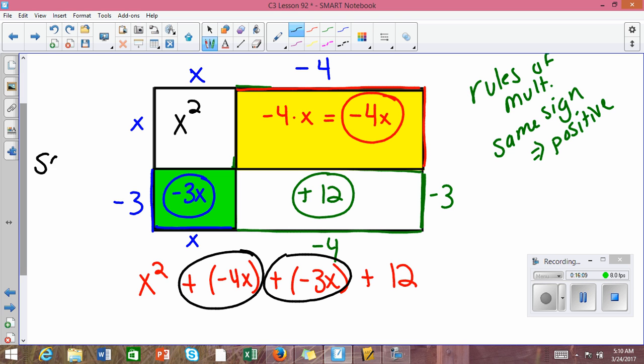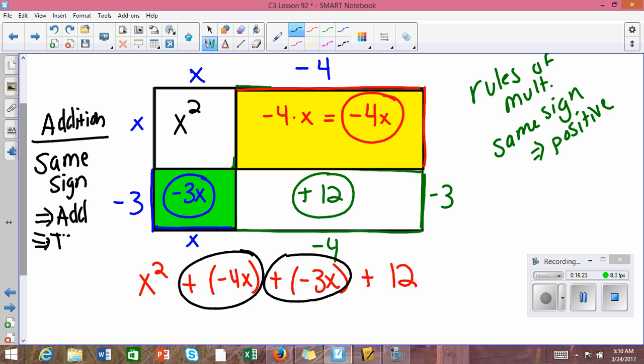Okay, same sign in addition means that you add and then take the sign of both. Okay, so that's exactly what we're going to do.